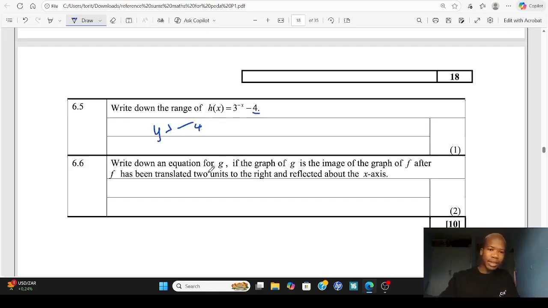So the question 6.6 says, write down an equation for g if the graph of g is the image of the graph of f after it has been translated 2 units to the right and reflected about the x-axis.